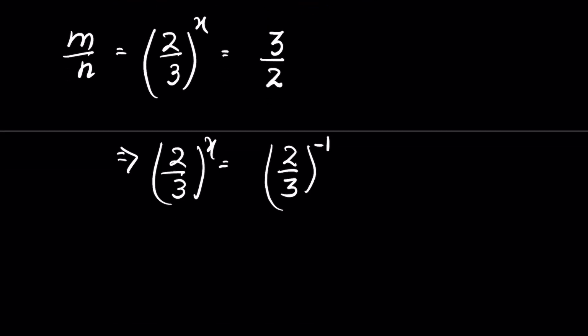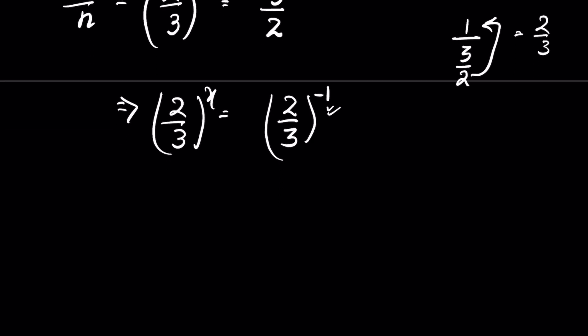Negative exponent means the multiplicative inverse of the base raised to the positive power of the exponent. So it means 1 upon 3 upon 2, so 2 goes to the numerator and it becomes 2 upon 3. That is what negative exponent means.